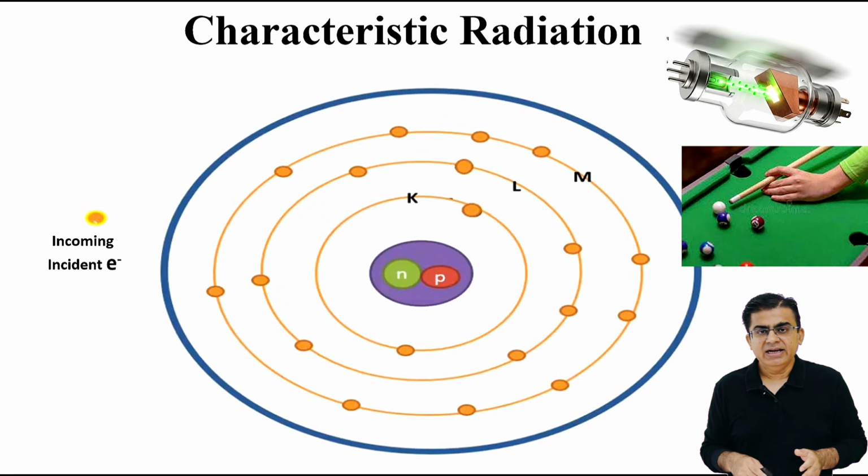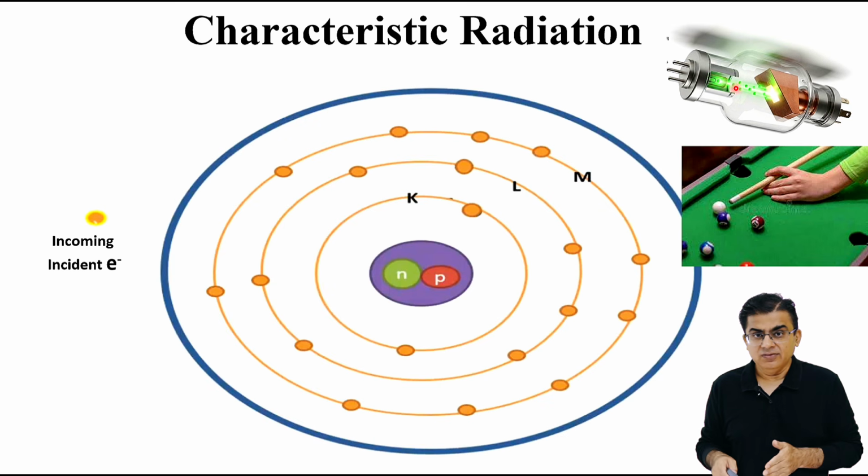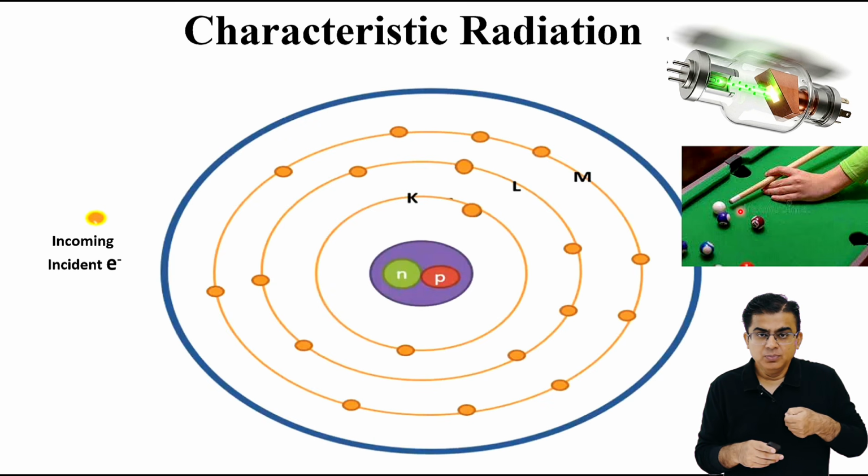This is the atom and its components: the nucleus, orbits and orbital electrons. You can see a yellow dot representing our incoming high-speed incident electron. This high-speed electron is arriving directly from the heated cathode filament of the X-ray tube. See here in this X-ray tube. I want you to imagine this incoming electron acting exactly like a fast-moving cue ball on a pool table.